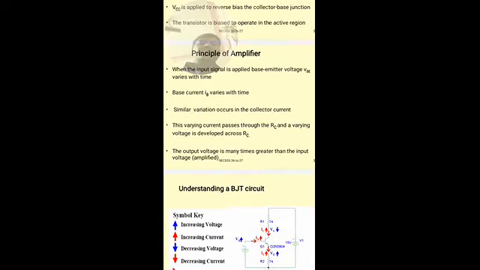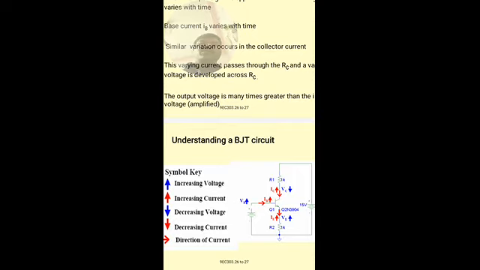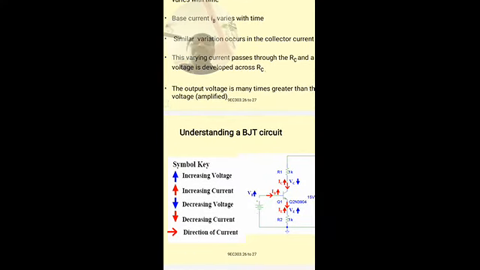Let us see how the BJT circuit works here. Increasing and decreasing voltage is represented with the blue arrows, and increasing and decreasing current is represented with the red arrows, and also the horizontal arrow shows the direction of the current.